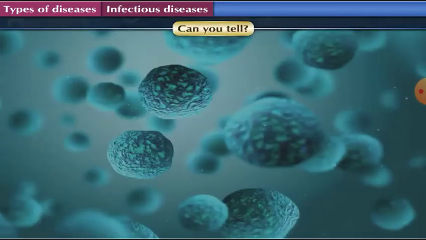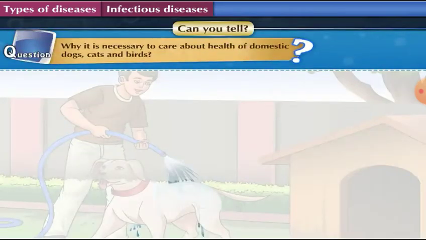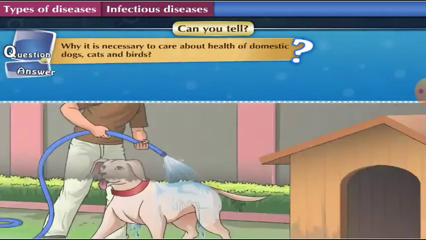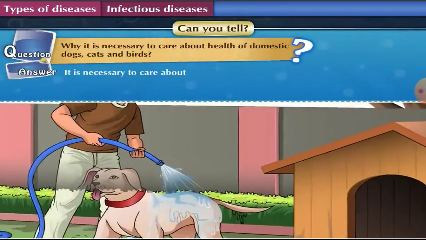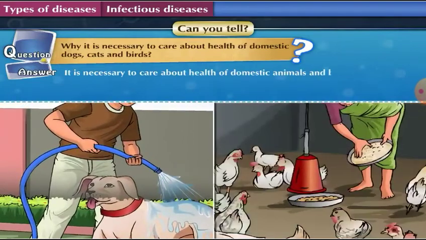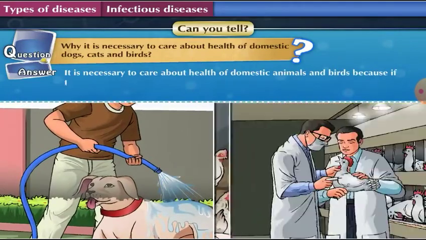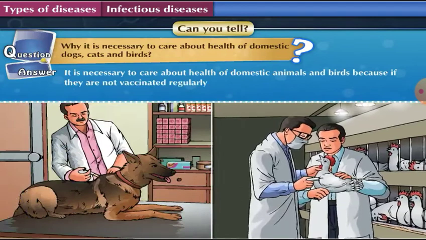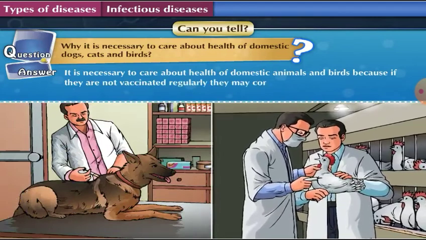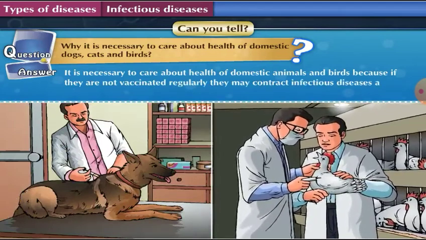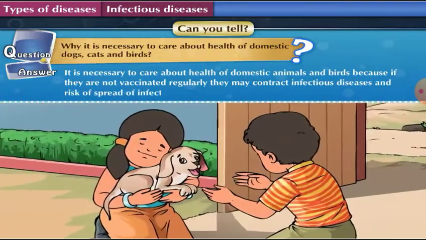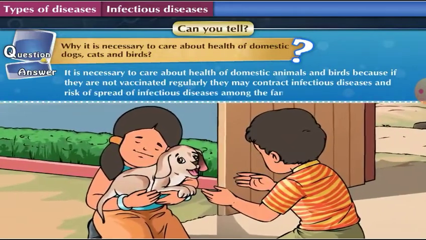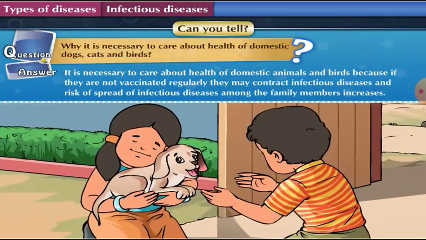can you tell why it is necessary to care about the health of domestic dogs, cats and birds? It is necessary to care about the health of domestic animals and birds because if they are not vaccinated regularly, they may contract infectious diseases and the risk of spread of infectious diseases among the family members increases.